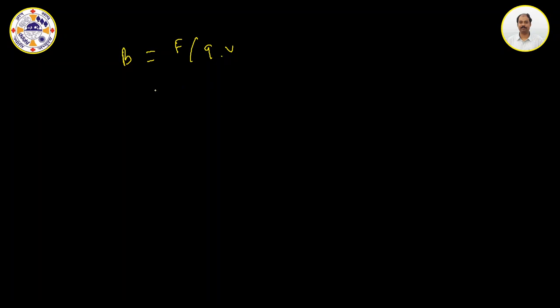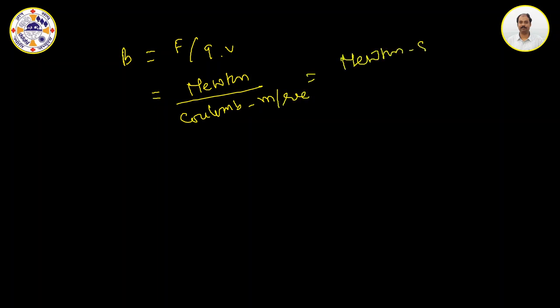If we just leave the vector notation, F is Newton, q is Coulomb, v is meter per second. So Newton second per Coulomb meter. It is known as Tesla.